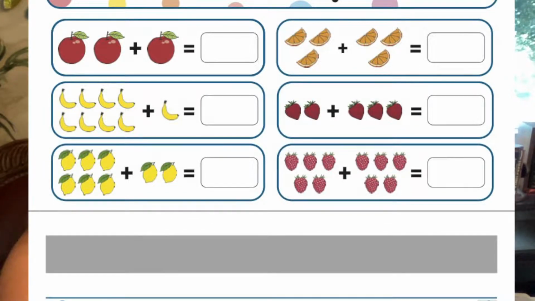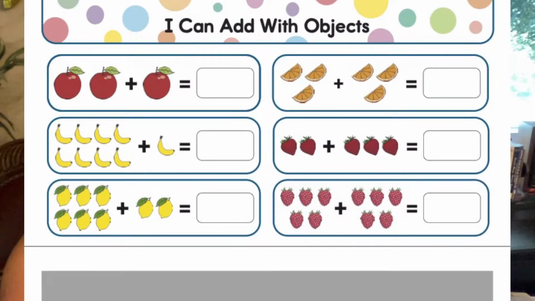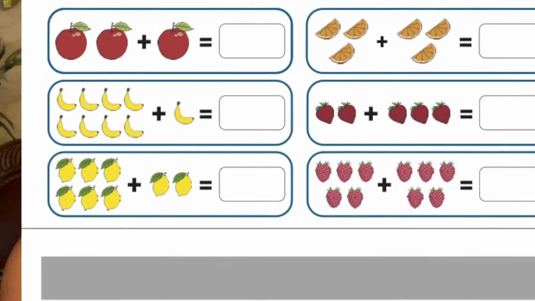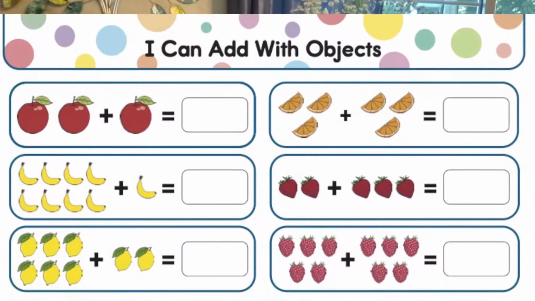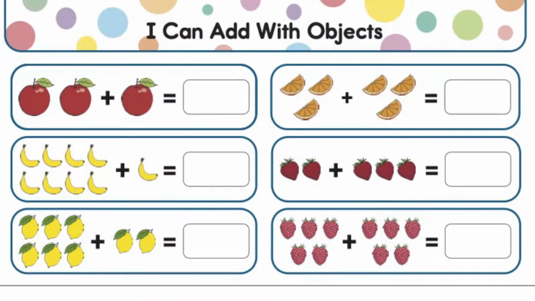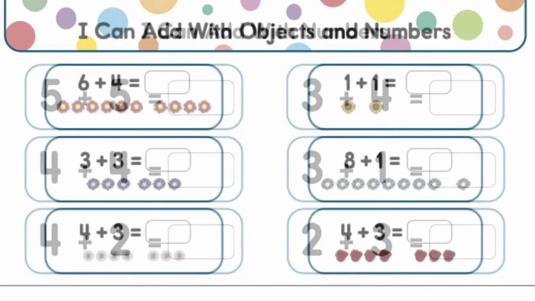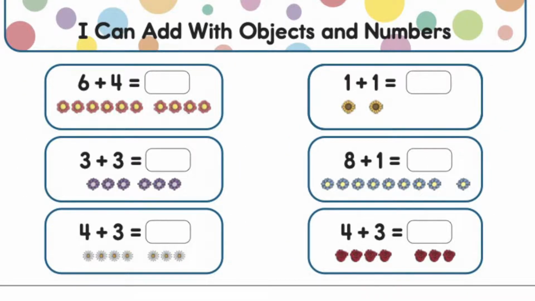We have talked about this in the past, last week, Wednesday, in fact. Let's get this a little bit bigger. There we go. We talked about adding objects together and adding numbers together and then adding objects and numbers together.